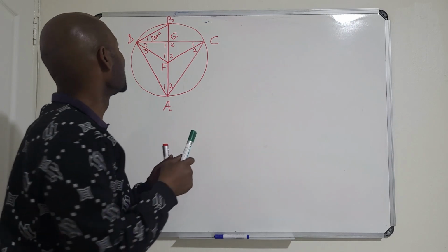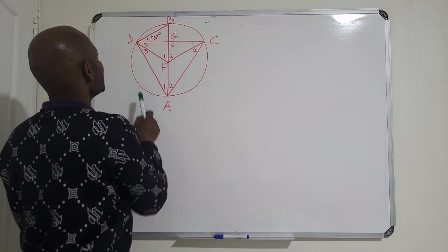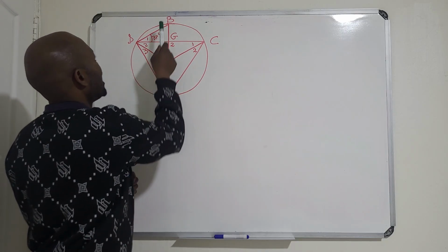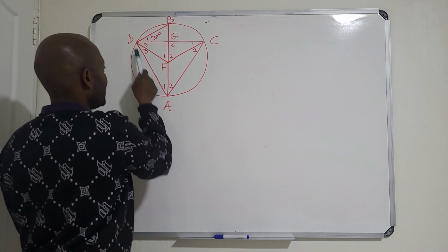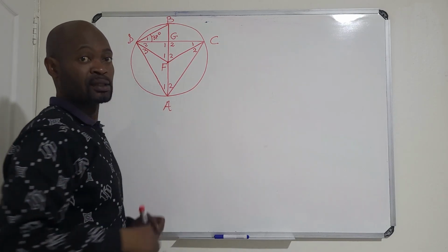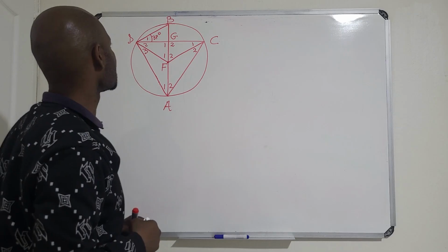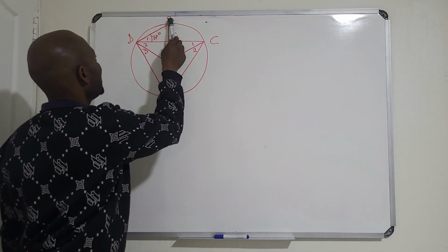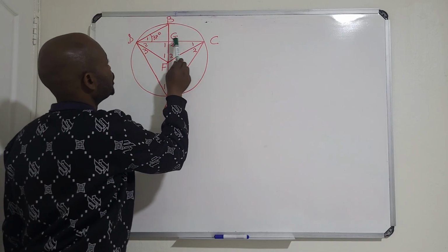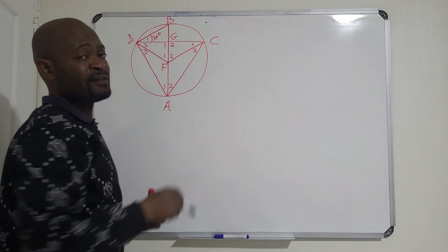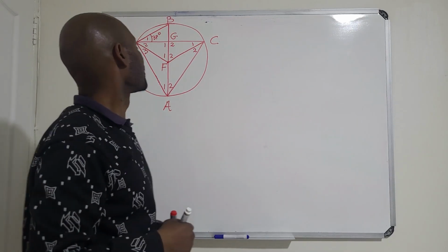When they say AB bisects angle DAC, it means that AB cuts this angle into 2 equal angles. Now, we are also told that angle BDC, or angle DBC, is 37 degrees.